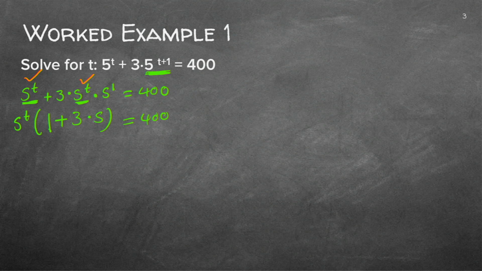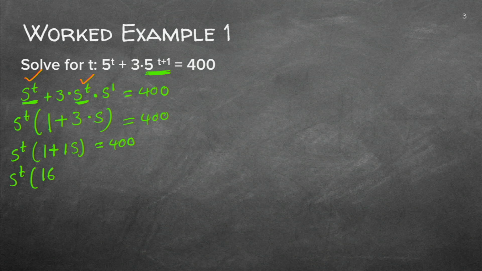And the next step is adding or solving what's inside the brackets. So this becomes 5 to the power of t, and we're left with 1 plus, what is 3 times 5? We have 15, equals 400. And then you have 5 to the power of t, open a bracket, and what is 1 plus 15?